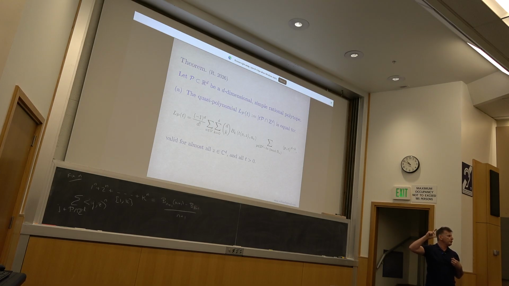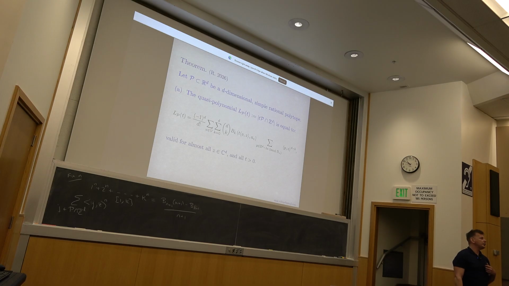You can't just plug in z equals 0. Oh yeah, right, that's a good example. If z equals 0, you get, yes, that's true. But what other z's can you plug in? At this point, I need z to be generic in the sense that its real part is not orthogonal to any of the edges of the polytope.